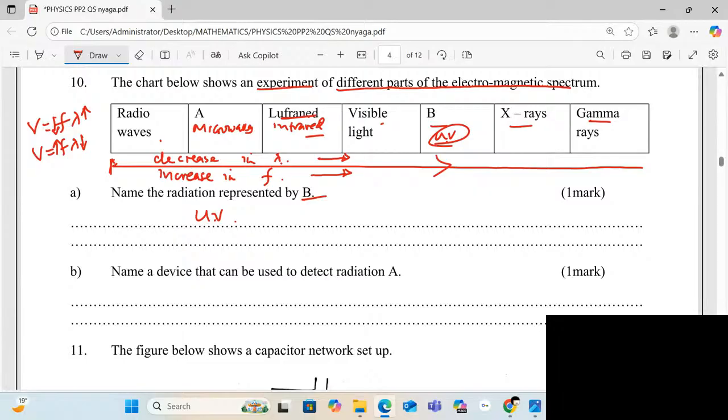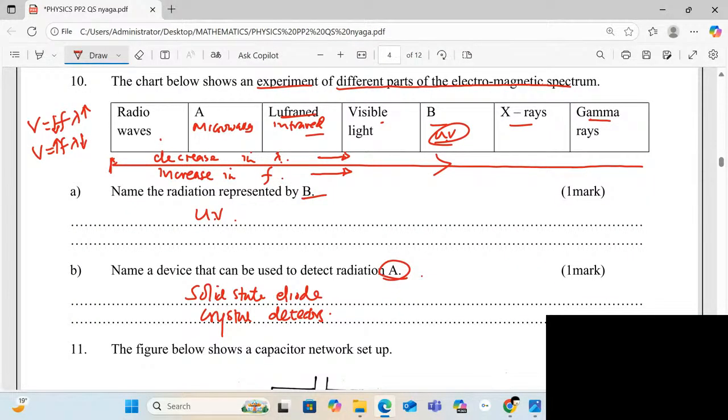Name a device that can be used to detect radiation A, which is the microwaves. We can go that one very straight without much questioning.